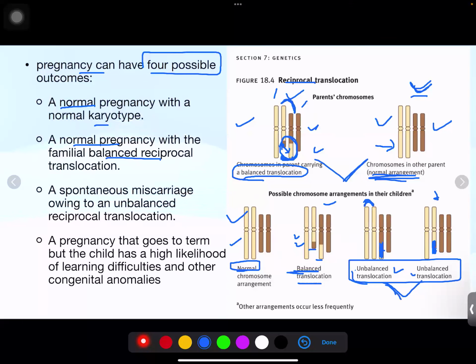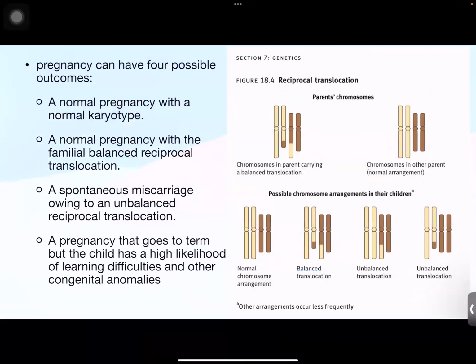Unbalanced have two possible outcomes. Either they go into spontaneous miscarriage, or if they go to term and the baby is alive, the child will have a high likelihood of learning difficulties and congenital anomalies. So these are the four possible outcomes in the translocations.